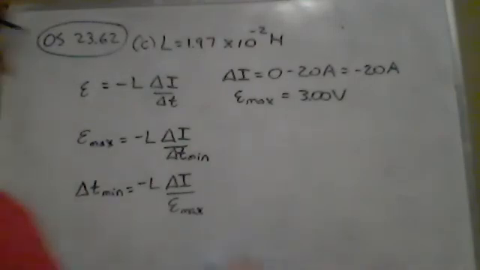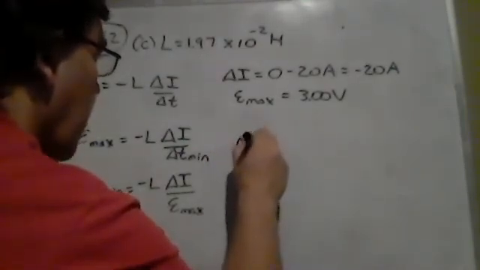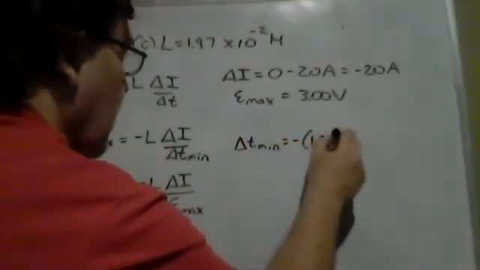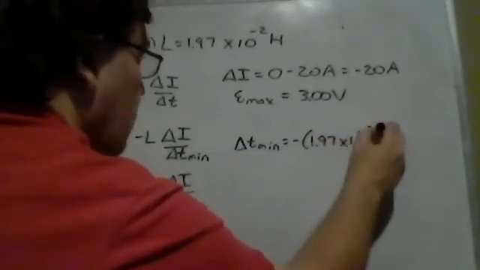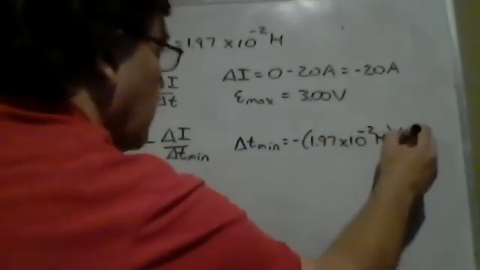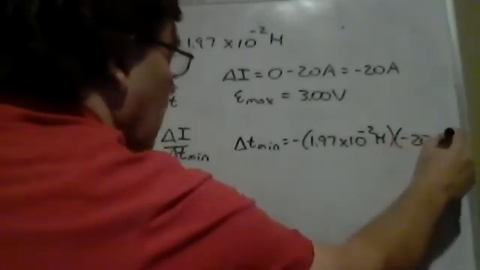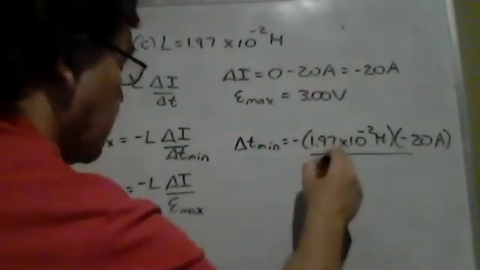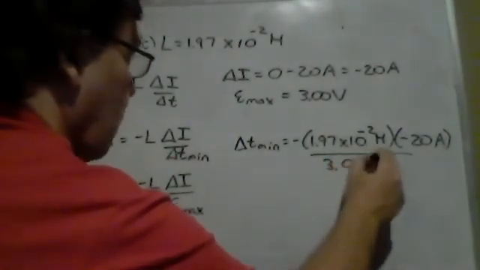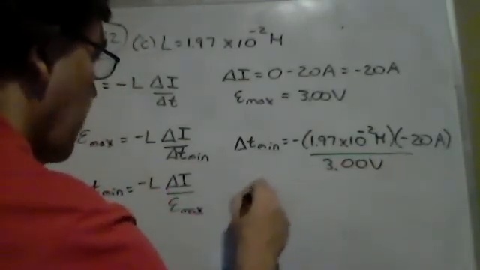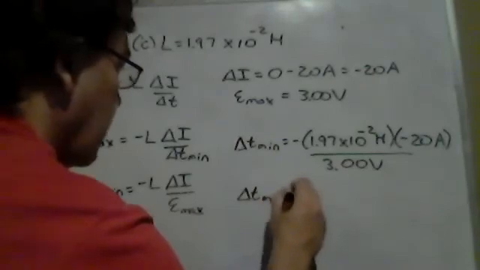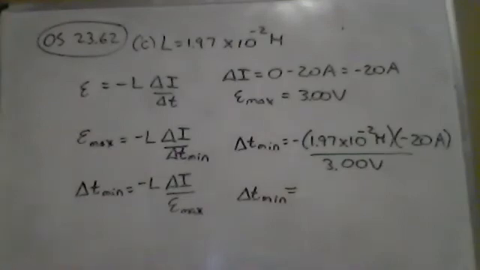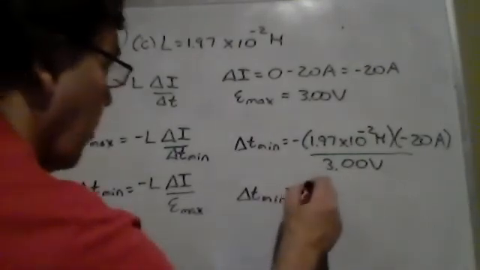So delta T min will be negative 1.97 times 10 to the negative 2 henries times negative 20 amperes, divided by the maximum self-induced EMF that I'm allowing in my design. That's 3.00 volts. So the minimum time that this circuit needs to be shut down, we work this out as 0.131 seconds.